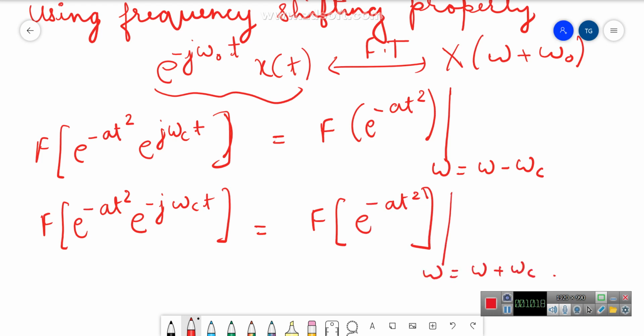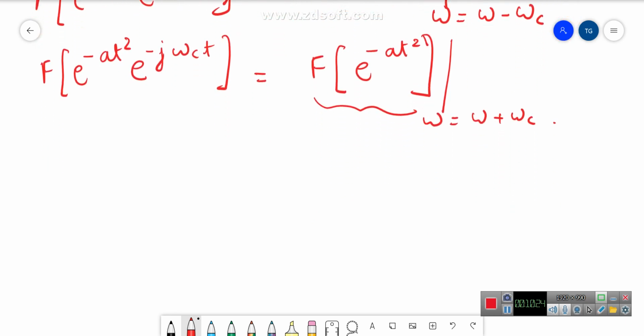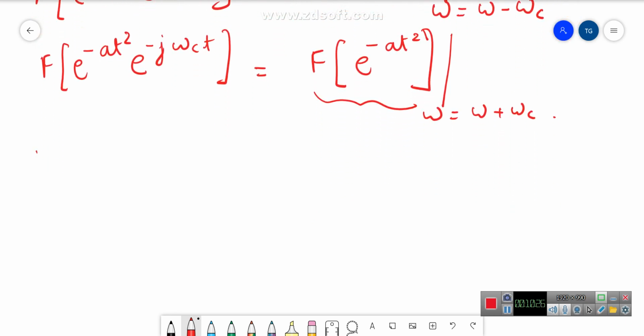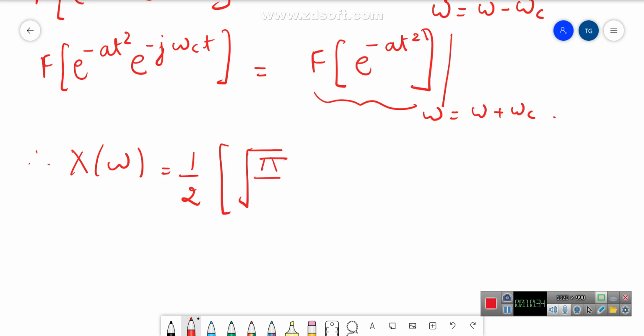Now we have calculated the Fourier transform of a Gaussian signal, so just substituting these values, x of omega can be written as half of under root of pi by a e to the power minus omega square by 4a.